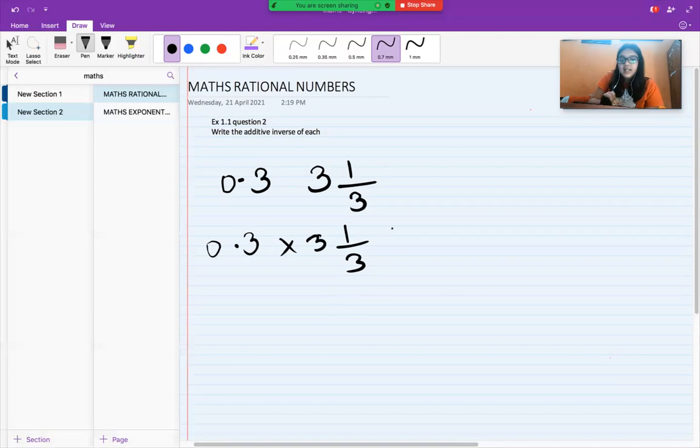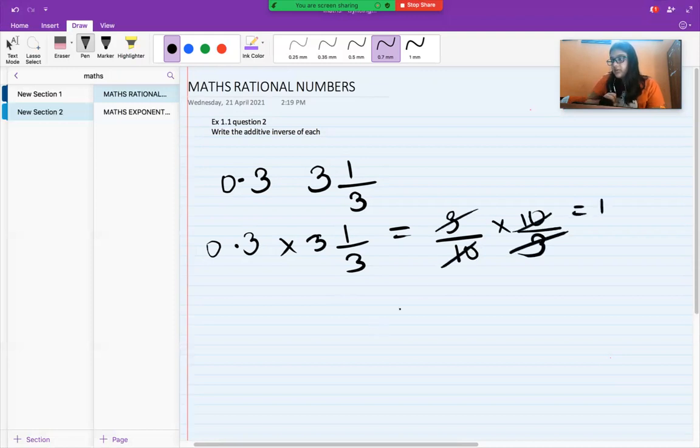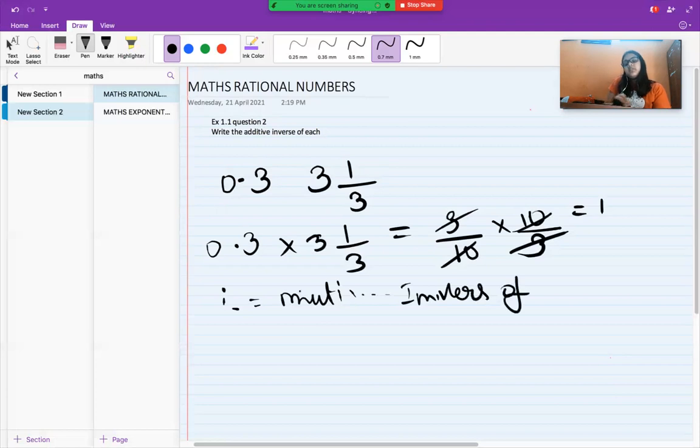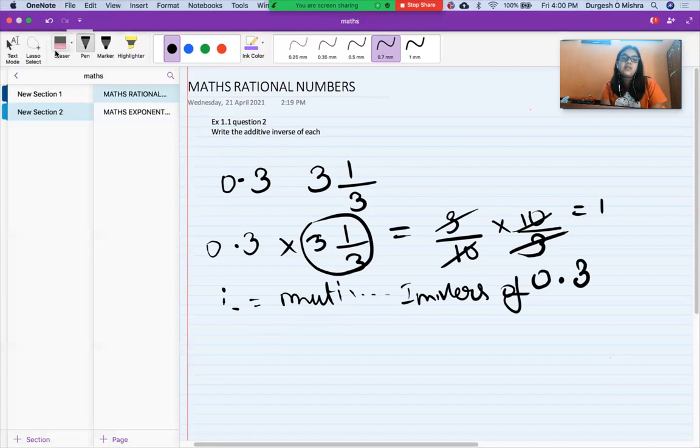So it's technically 3 by 10 into 10 by 3, which is 1. So therefore this is the multiplicative inverse of 0.3.